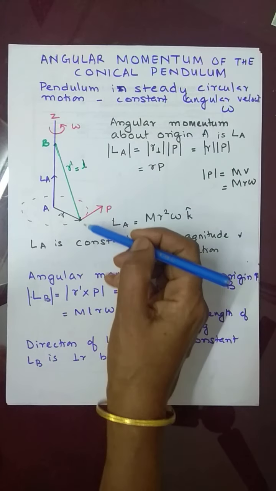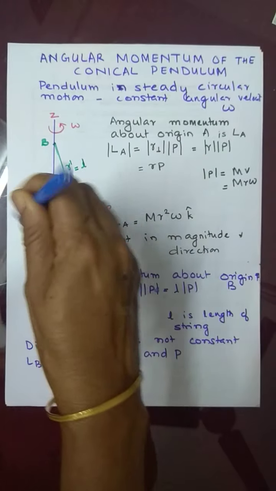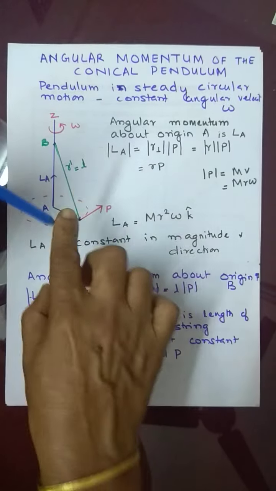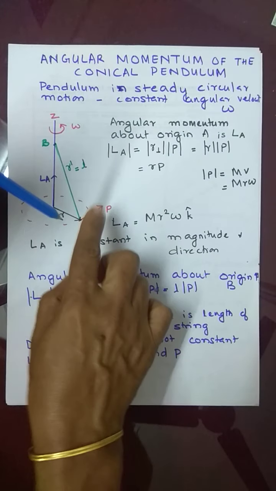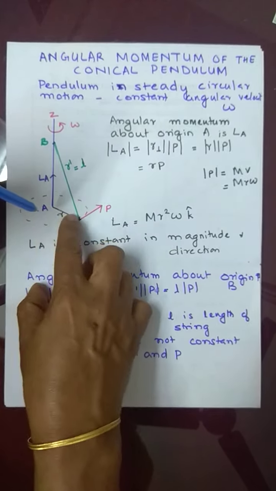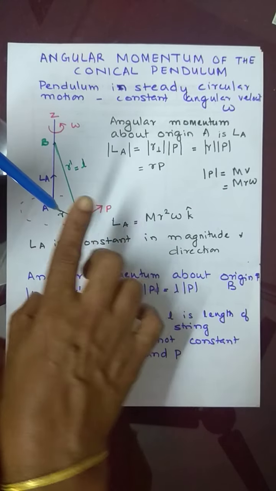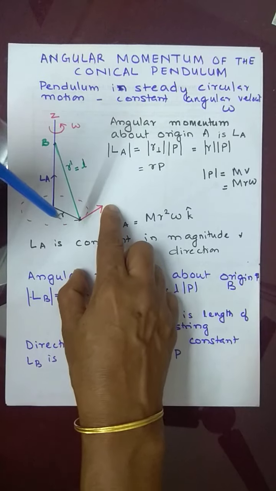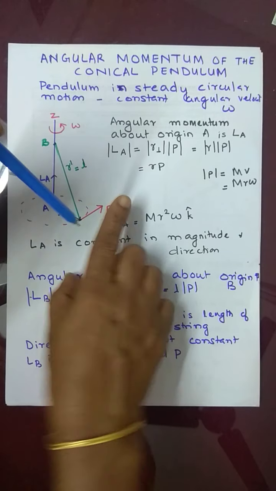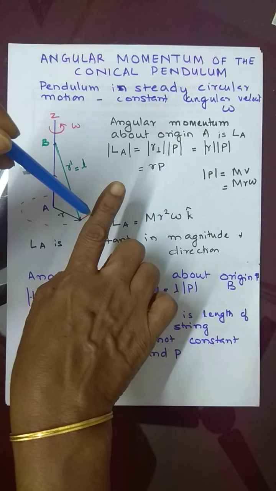This is the length of the pendulum. Again, you look at the circular path. The velocity vector is changing in this direction, that means tangential to the circular path. So along that path is where momentum P is acting. It is rotating like this. Momentum is acting in this direction.